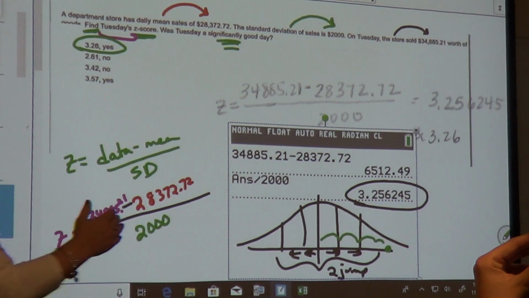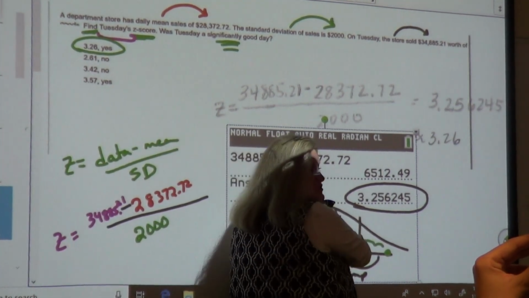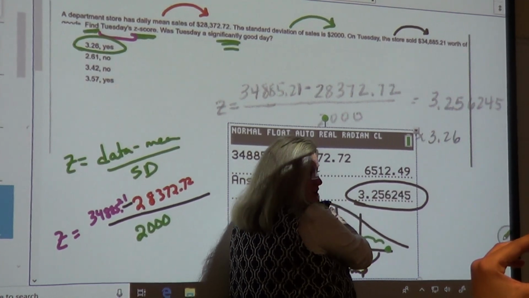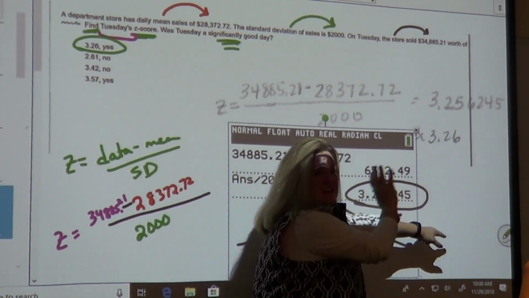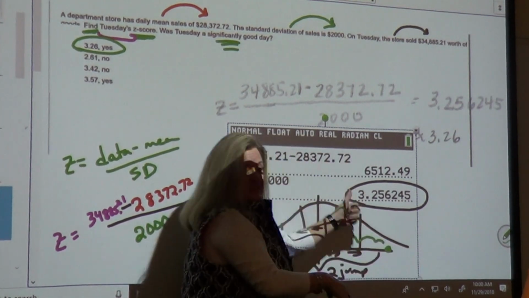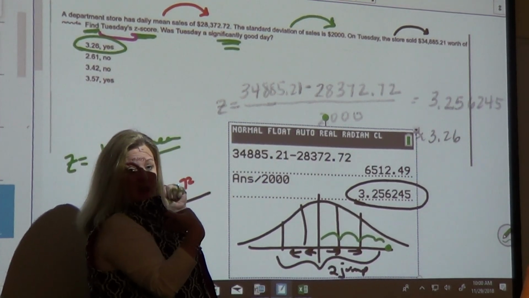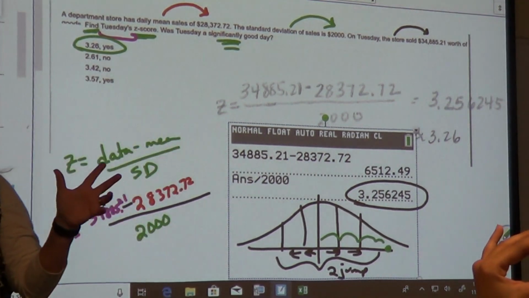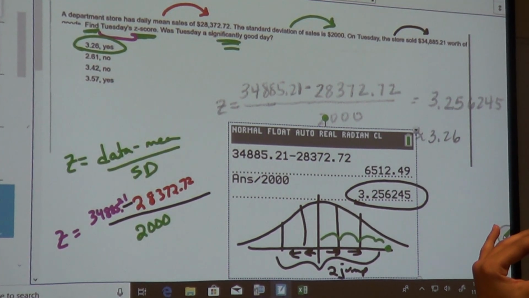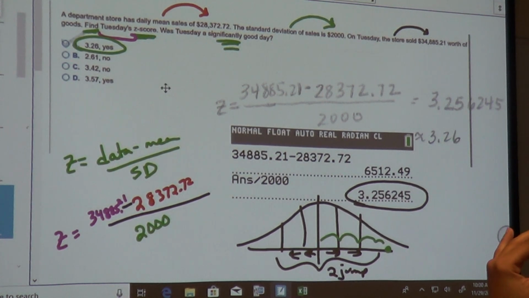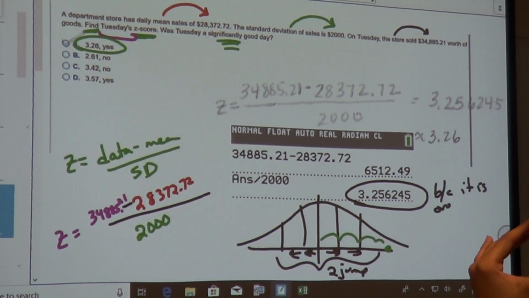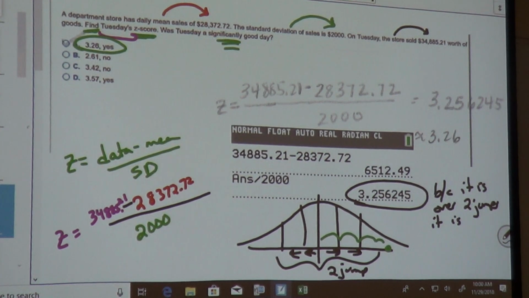If it's within this range, it's not significant. It's ordinary. But if it's there, it's significantly high. If it's this way, it's significantly low. So if it's within 2 jumps, it's normal. Because it is over 2 jumps, it is significant.